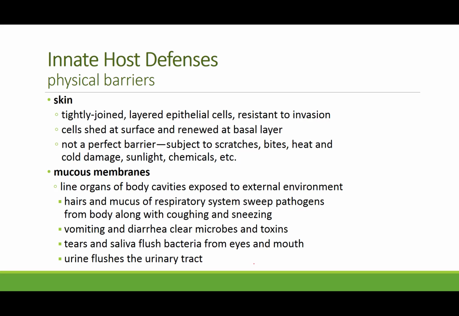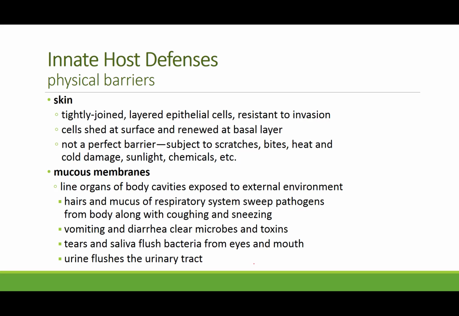Once we enter a body cavity, then we encounter a different kind of physical barrier, and those are the mucous membranes, and they line the interior surfaces of all of the organs that are involved in the body cavities that have an outlet to the external environment.